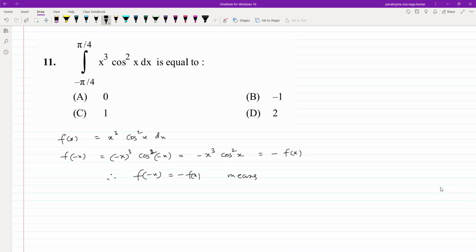Means f of x is an odd function. If it is an odd function, the integral from minus a to a of f of x dx has value 0 for f of x odd. So the option is A.